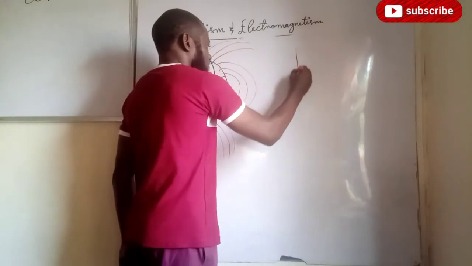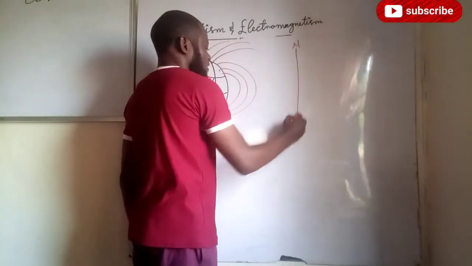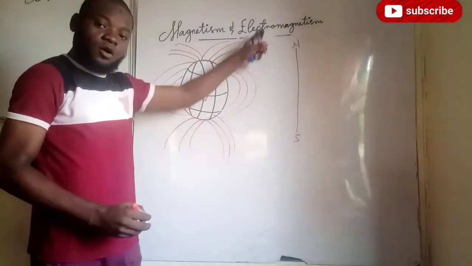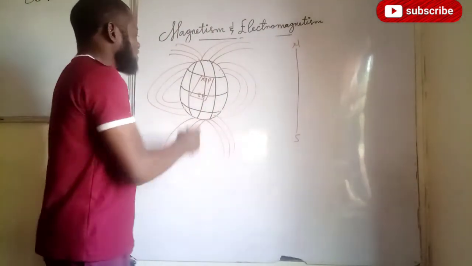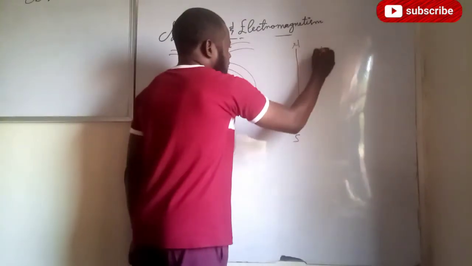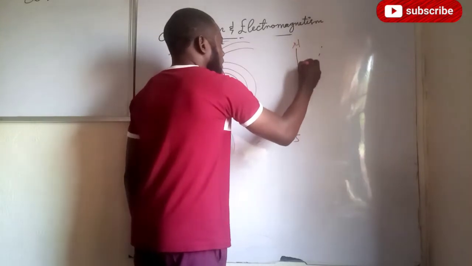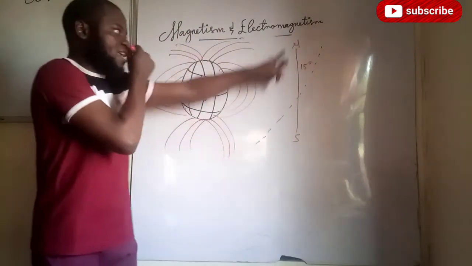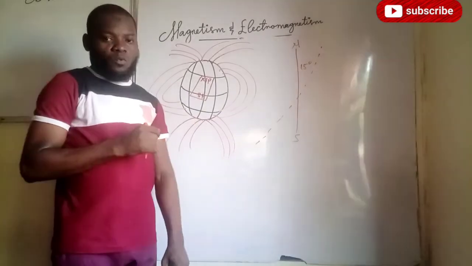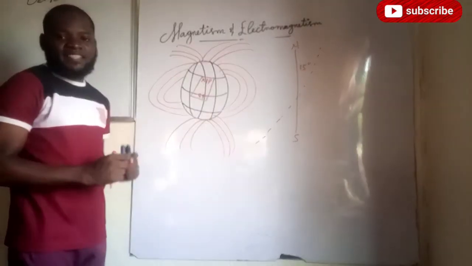If I have this to be my geographical pole, this is north and this is south. It's always on a straight line. But that of the Earth's magnetic field is about 15 degrees away from the geographical pole. You can see it like this, and that's why you see this magnet acting like this.